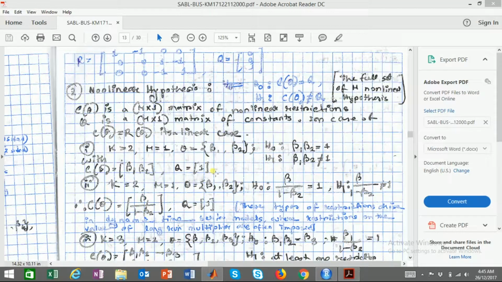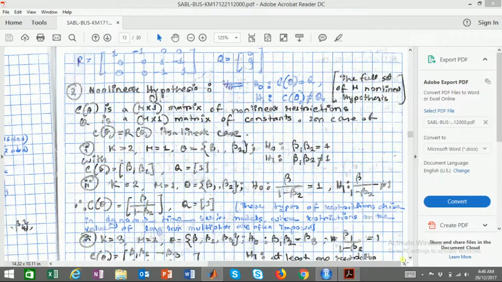Why Q equals 1? Simply beta 1 equals 1 divided by beta 2. So you see, in that case you cannot impose restriction 0 on any of the parameters. You have to start with 1. So if you are measuring beta 1, beta 2 can be 1. If you are measuring beta 2, beta 1 can be 1. But you cannot put any 0. That's why we are dealing with 1s, not zeros.